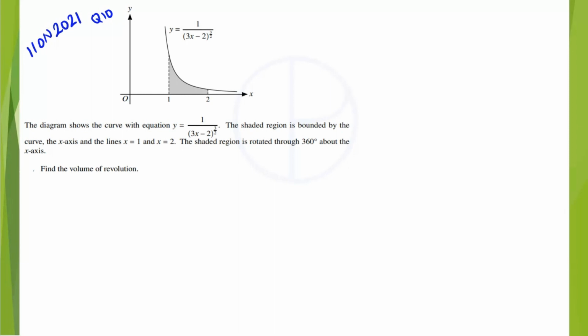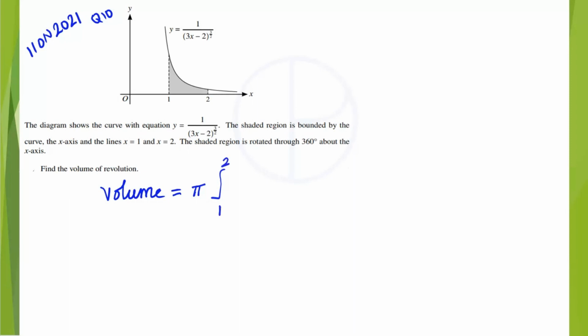So it is rotated about the x-axis. So you need to use the formula pi integral a to b y square dx. So the volume is pi integral. The lower limit is 1.